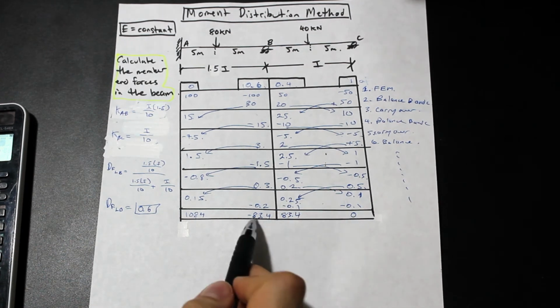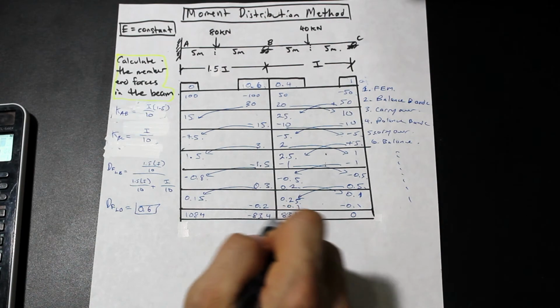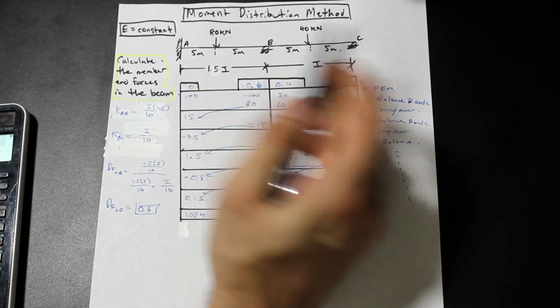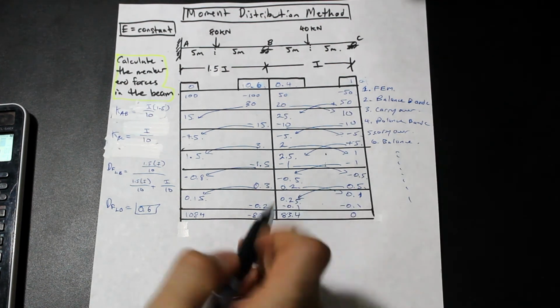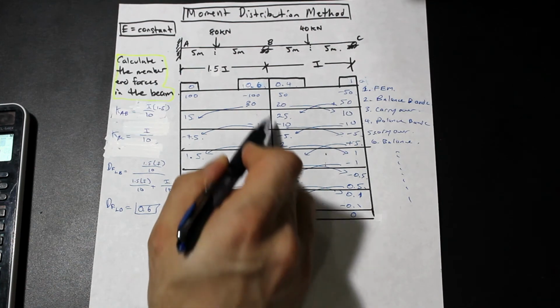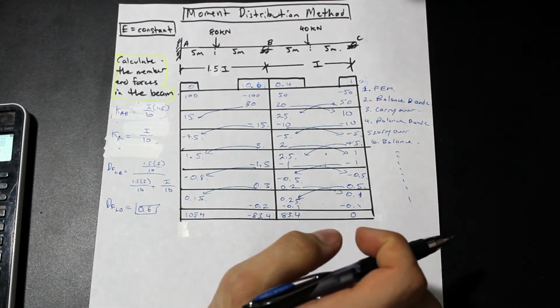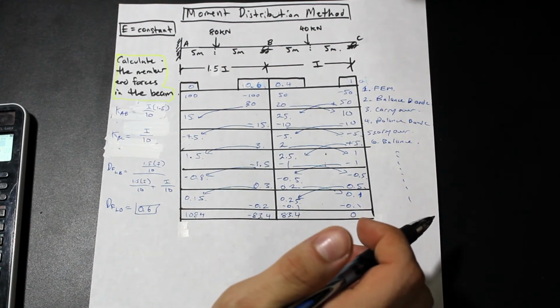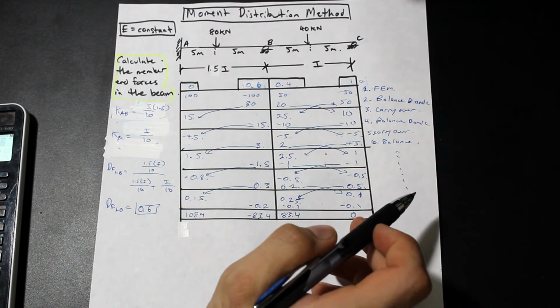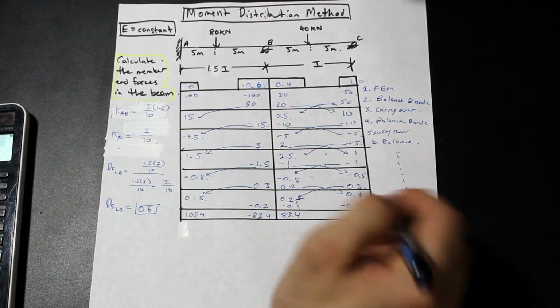So remember what I said before, these two moments at the end, at the joint, the summation of the moments, all the moments acting on B must equal 0 because it's a roller. If you get slightly different numbers due to rounding, then that's okay. But if you're way off by like 1 or 2 kilonewton meters, that's not okay. And finally, we're going to end up with 0 at the roller support, which makes sense, okay, because at the end, the summation of the moments needs to equal 0.